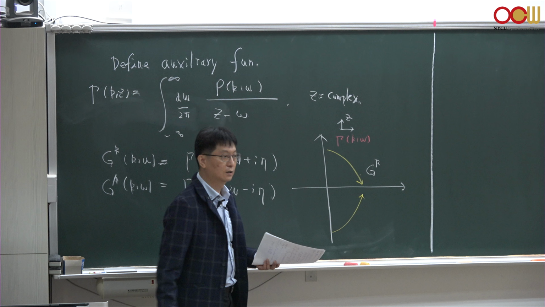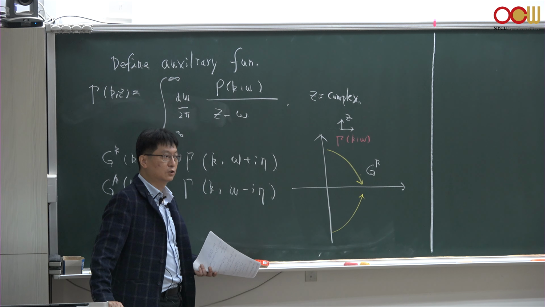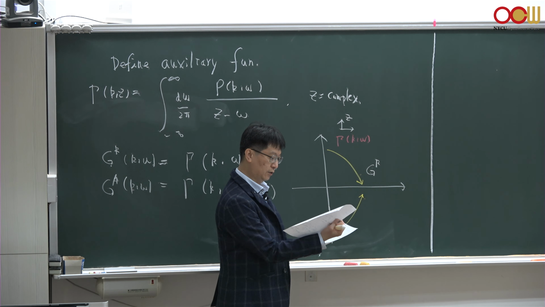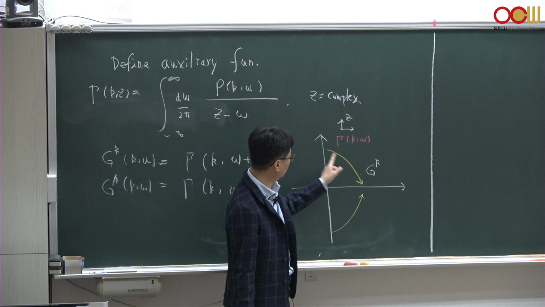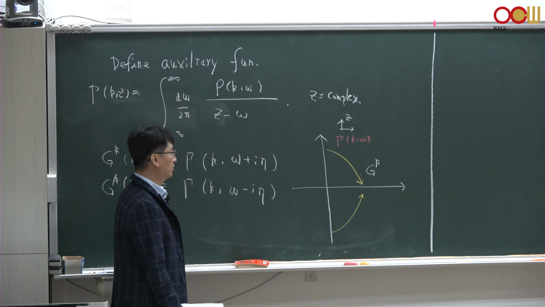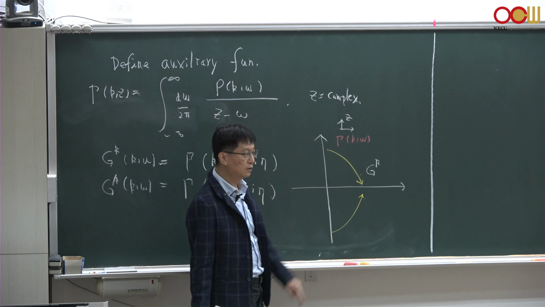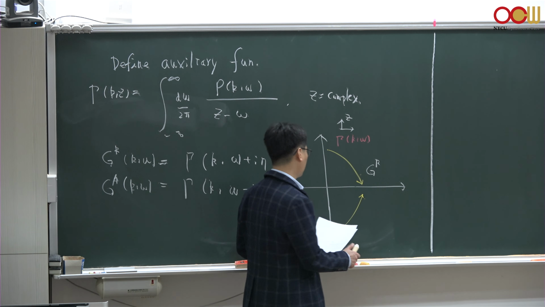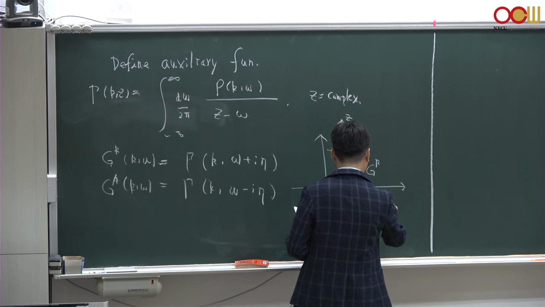Because remember, the retarded Green's function shows the pole below the real axis, right? And so there are no poles in the upper half plane. So we are able to simply take a continuation, so-called analytic continuation, from any point in the complex plane to approach the upper real axis. And if we approach this from below, we can define G advanced.